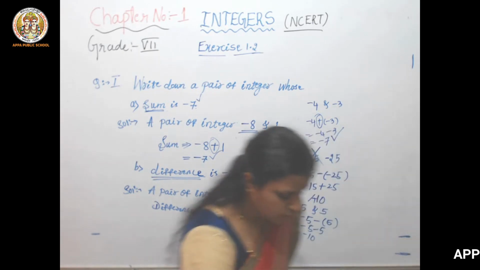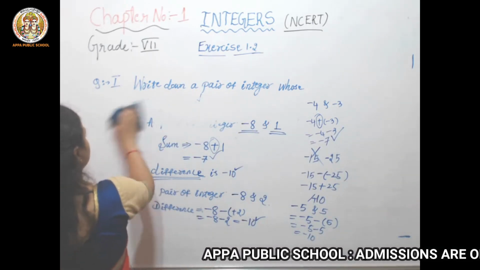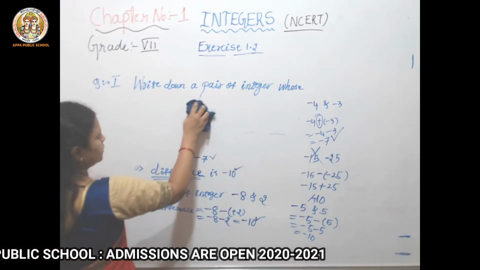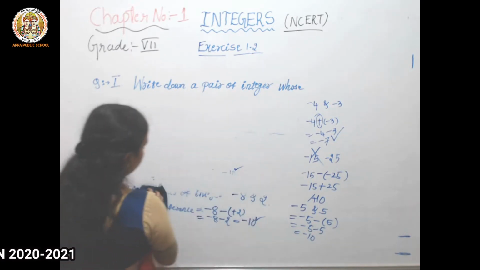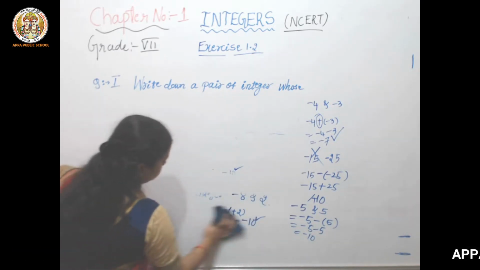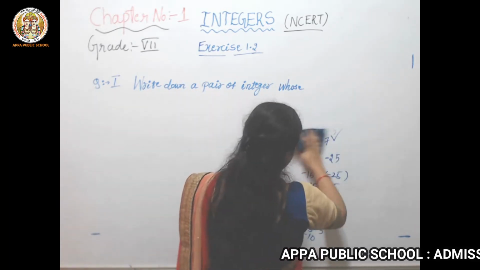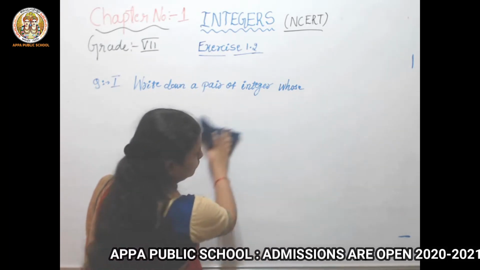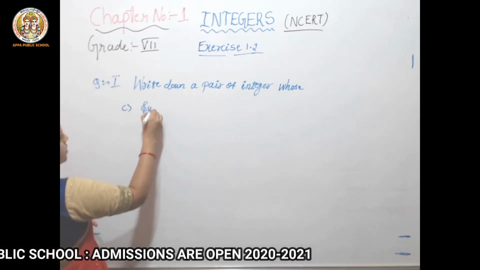The next we will move to C. In C we have the condition: sum is 0. What is the condition? Sum, and the result we should get is 0.